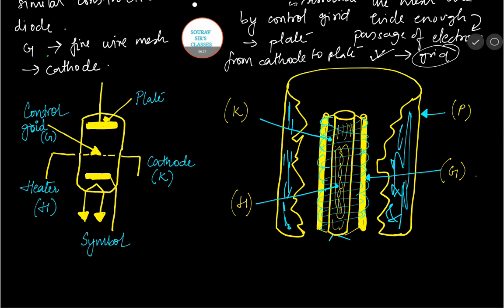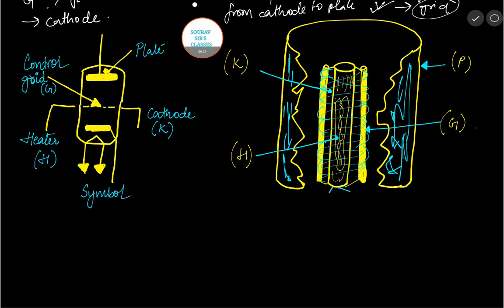Moreover, the electrons attracted to the plate from the cathode actually go through the openings in the grid.